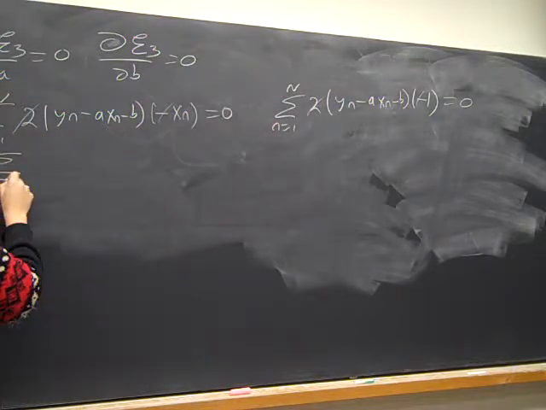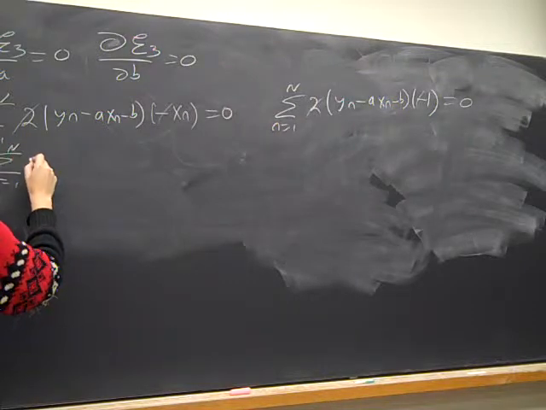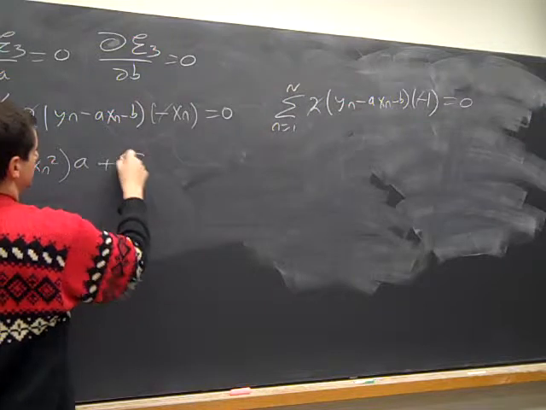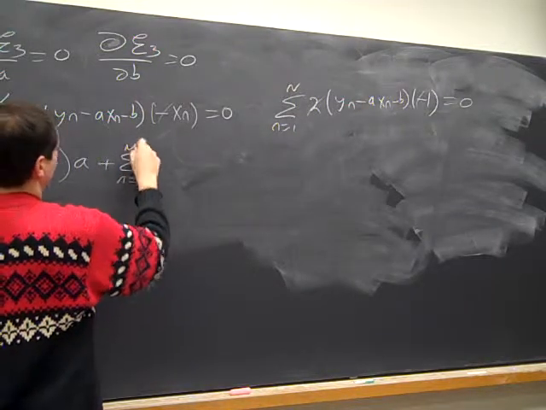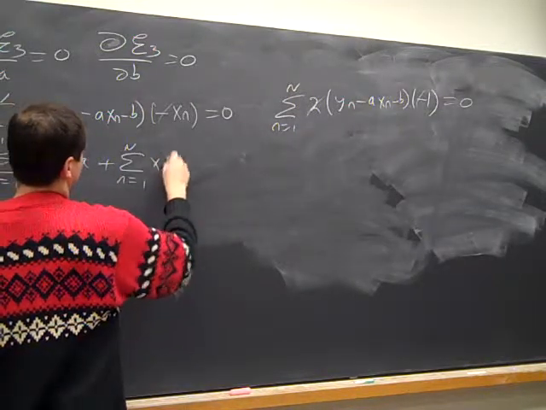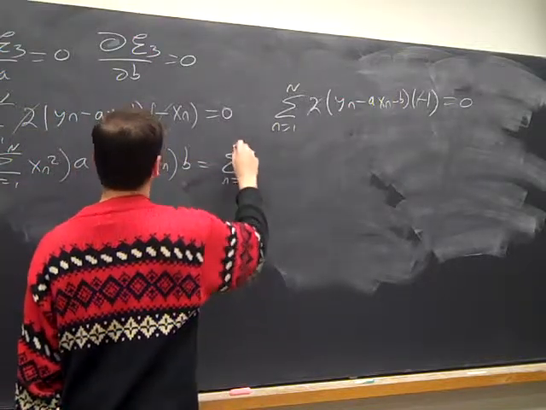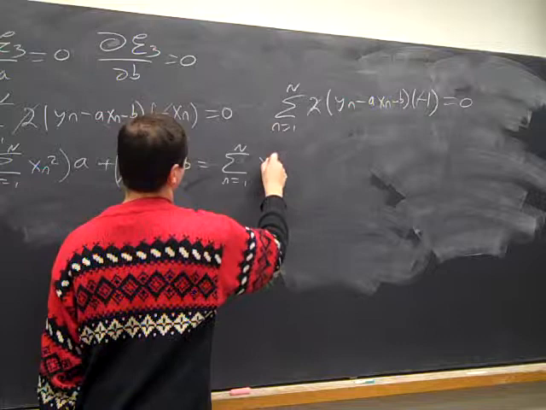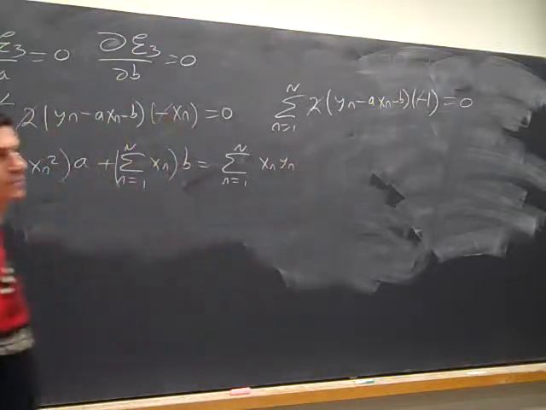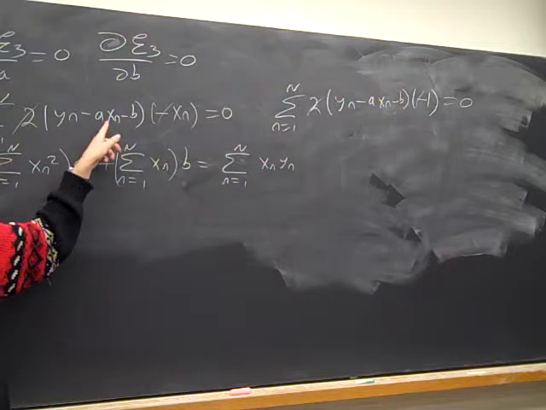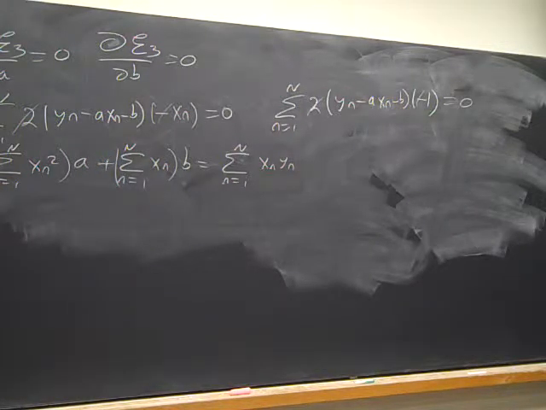The sum, n goes from 1 to N, of xn squared times a, plus the sum, n goes from 1 to N, of xn times b, is the sum, n goes from 1 to N, of xn yn. So I'm just bringing the xn inside, and because I have sums, and a doesn't depend on the index of summation, I can just pull the a's outside.